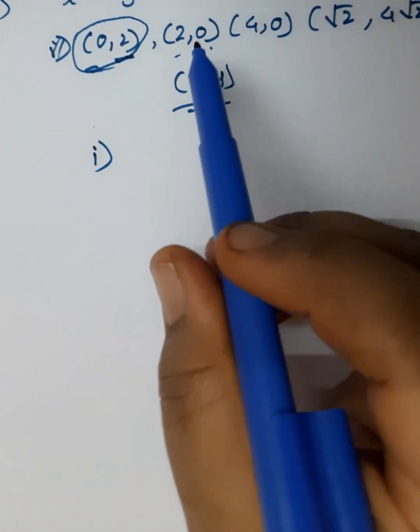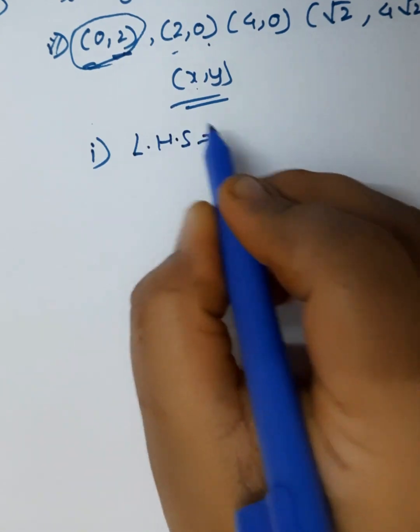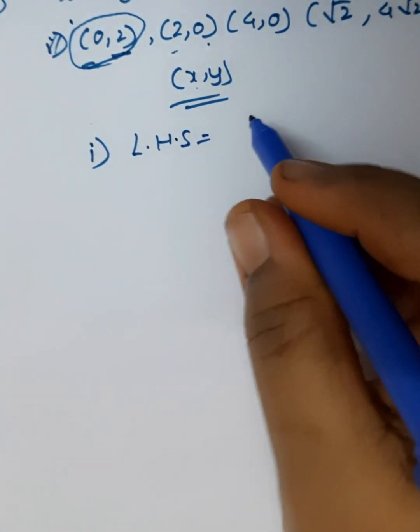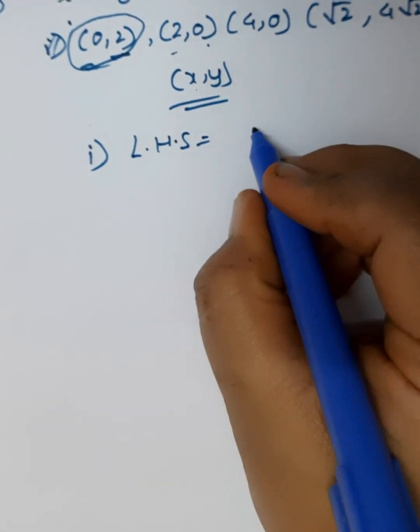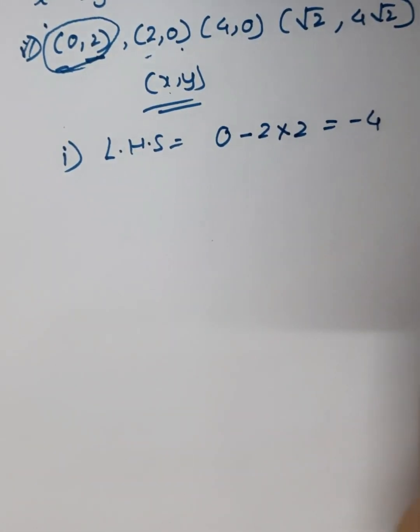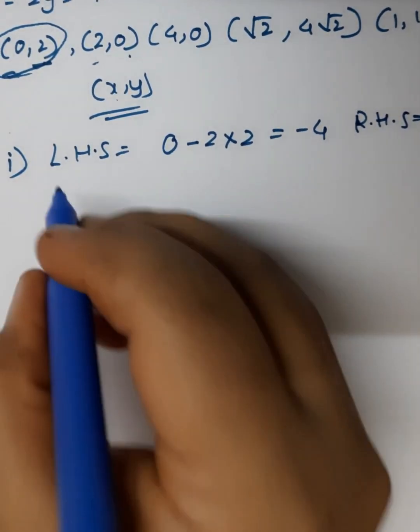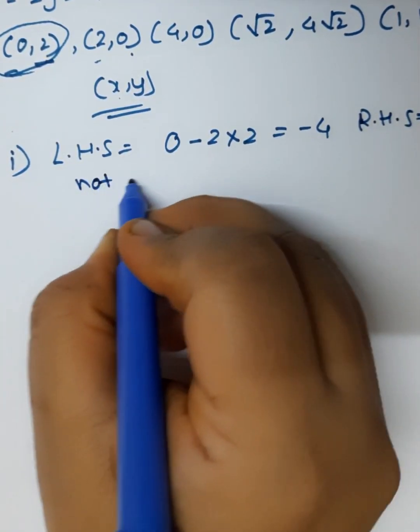Here we will put the values of x and y in the LHS. Put x minus 2y, with x is equal to 0 minus 2 into 2. It will be minus 4. But the RHS is plus 4, so this is not a solution.